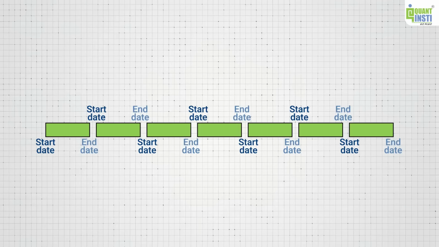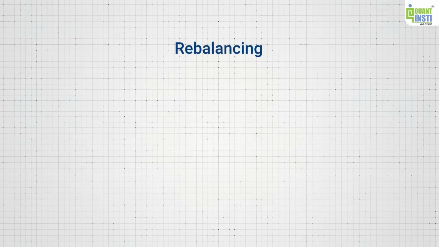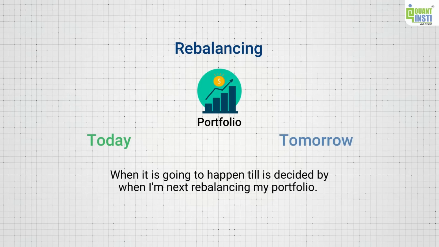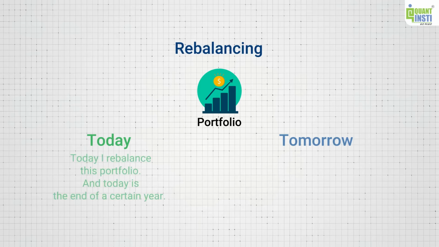So let's say I rebalance my portfolio today. The impact of that rebalance is going to happen from tomorrow, and how long it lasts is decided by when I'm next rebalancing my portfolio. As per this example, today I rebalance this portfolio and today is the end of a certain year.